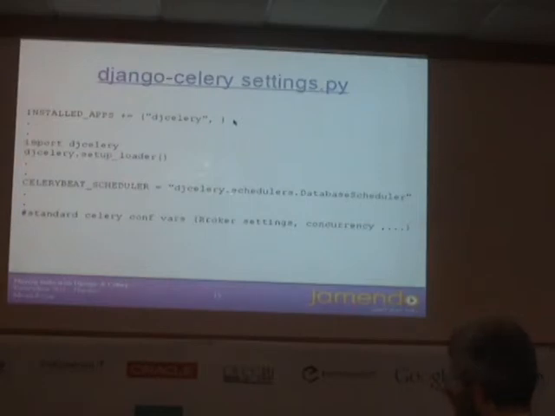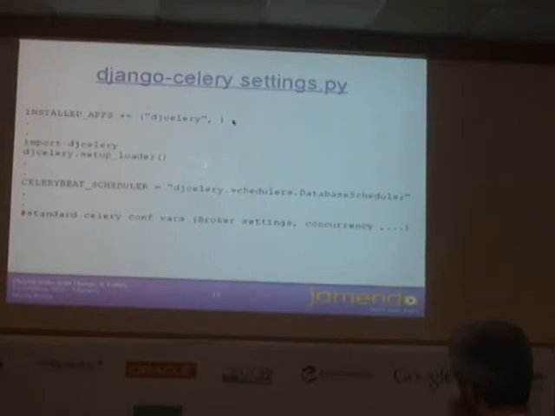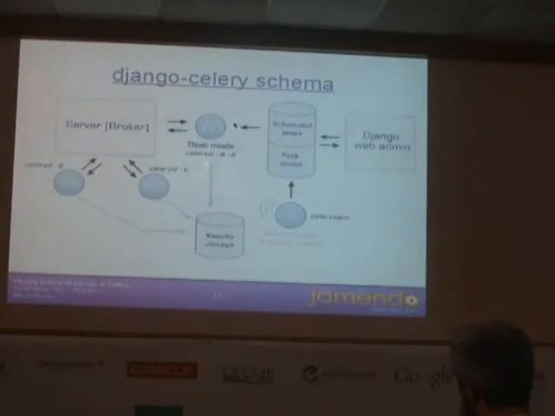In this case, you are explicitly saying to use the Django ORM. And of course, after that you have to specify the broker settings, where to connect to fetch the messages, and all the standard stuff. This is a schema of when you are using Django-Celery, and not only Celery.